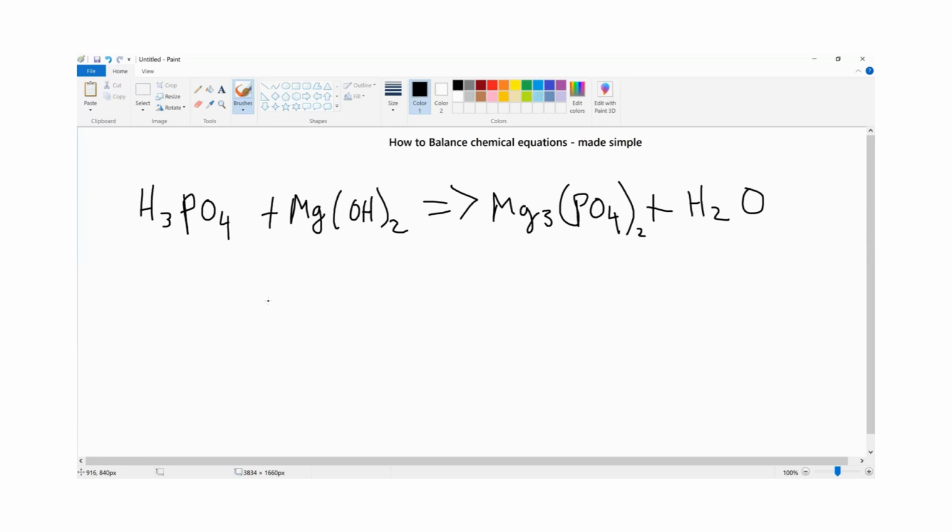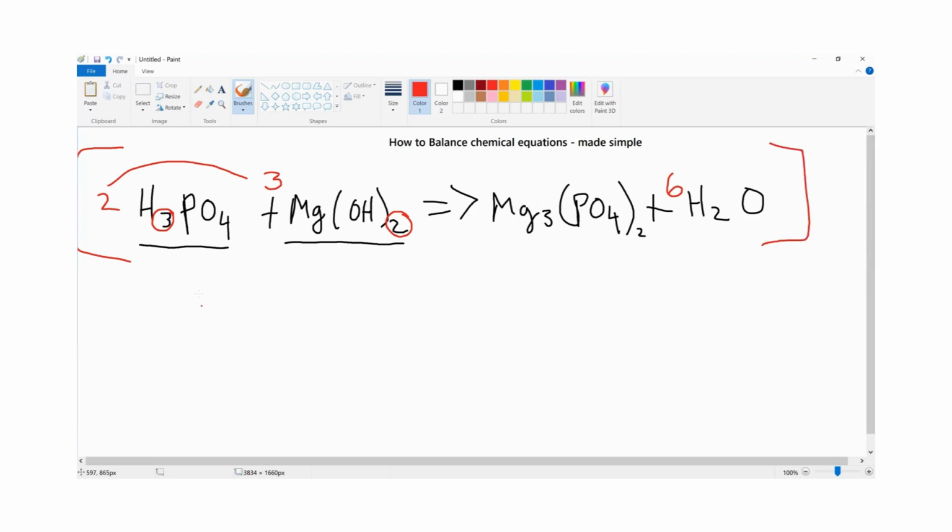Now again, the trick here is I know this is the acid and I know this is the base. So what do I do? I take the subscript of the base, put it here, and I take the subscript of the acid and put it here. And you multiply these two and put it in front of the water. And this should be balanced.